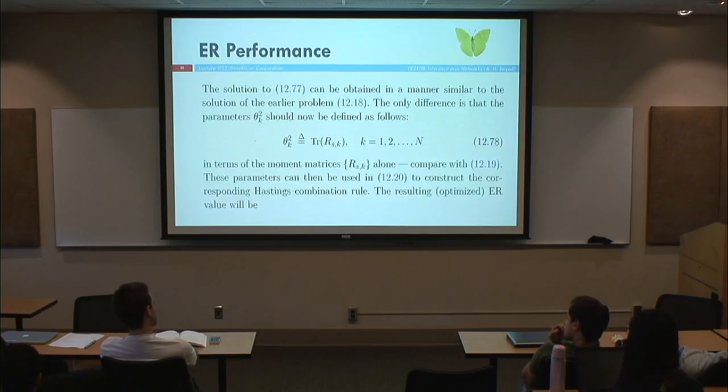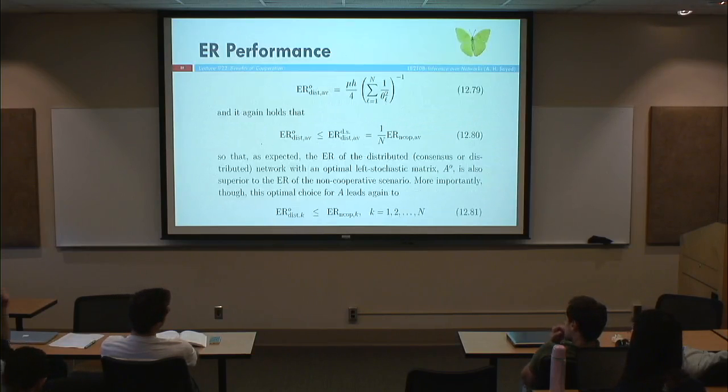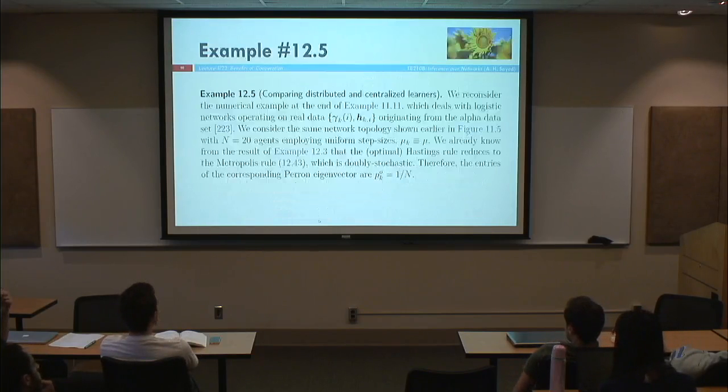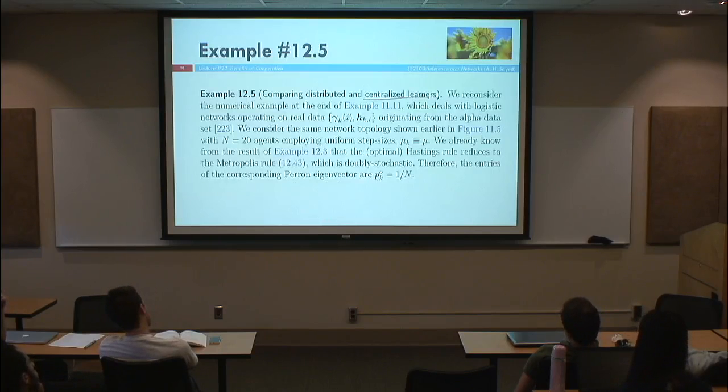Everything else, the mathematical formulation, is the same. Here, you will get the same solution, the Hastings rule, and then you will be able to show that the optimal is better than the distributed solution and better at the individual level. And then here I have an example to show that. Comparing distributed and centralized learners, uniform step size.